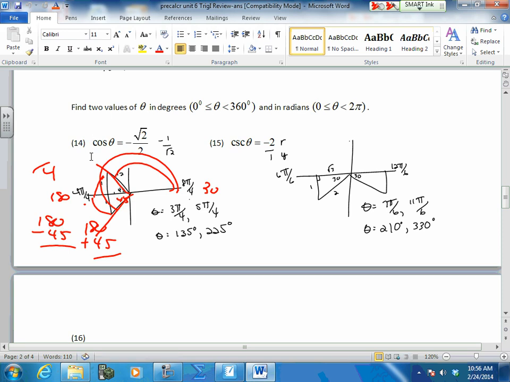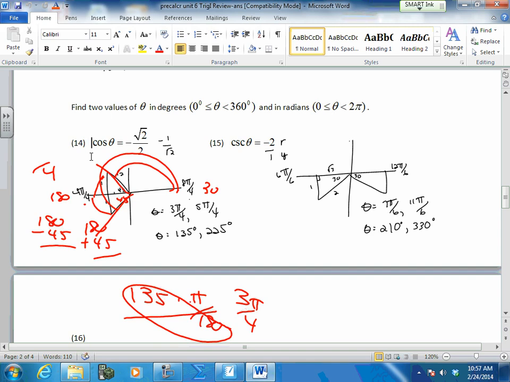Otherwise, you have to convert it, which you can. You can take 135 and multiply it by pi over 180. An easy way is like this. Put this fraction in your calculator and just go math fractions, and it reduces it. So when this reduces down to this, you just stick your pi back on top. That works too when you're using your formula.